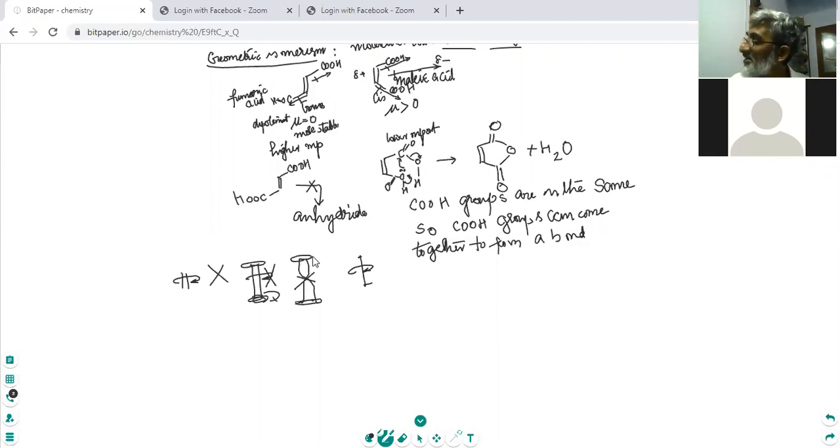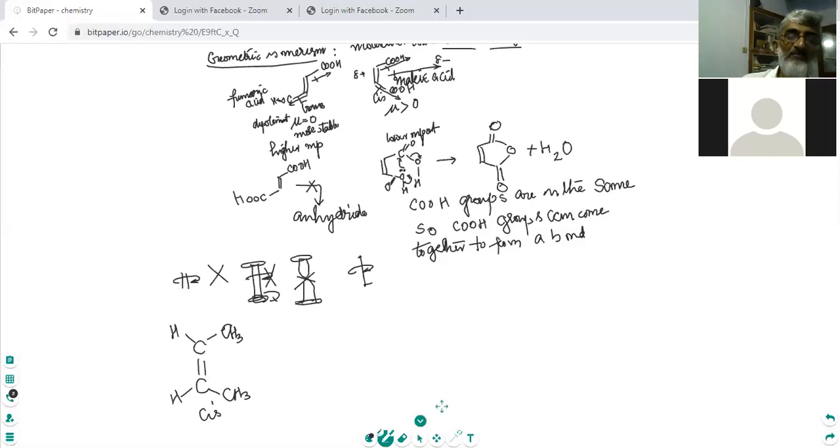Now, examples of compounds showing geometric isomerism. I've shown you one; you can make any compound. Say, for example, look here: H, CH3, double bond, H, CH3. This is a cis compound. What is the name of this compound? 1, 2, 3, 4, so it is butene, 2-butene.